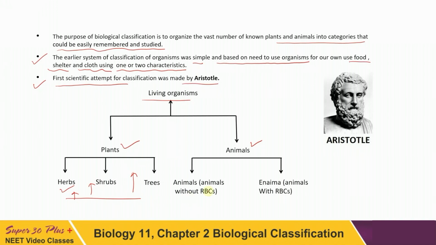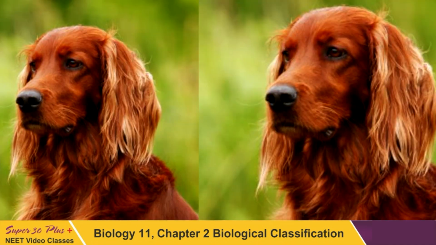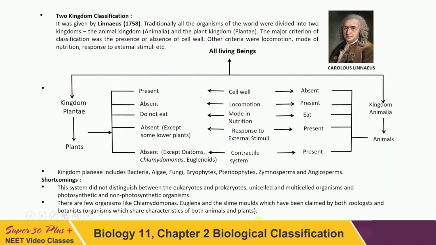The animals without RBC are known as Anaima, and the animals with RBC are known as Enaima. So this is the figure of Aristotle, you have to remember, who has given first scientific classification. Right?